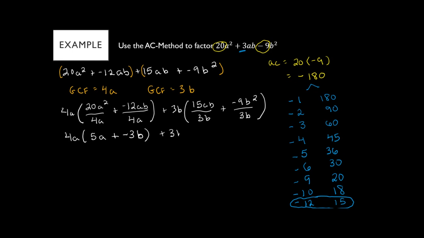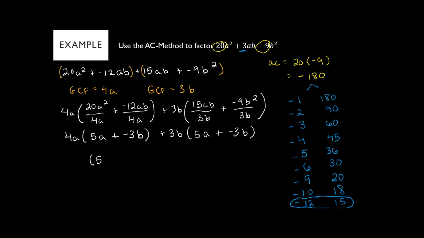Then plus 3B, parenthesis, 15 divided by 3 is 5. The B's cancel, I'm left with an A. Plus negative 9 divided by 3 is negative 3. And then the B's cancel. And so we're left with, in parentheses, 5a plus negative 3b.